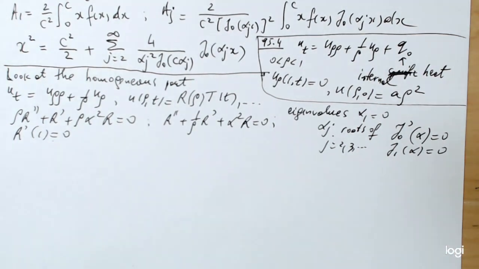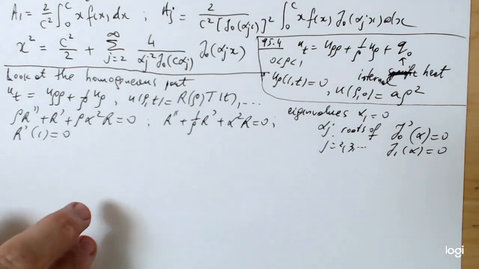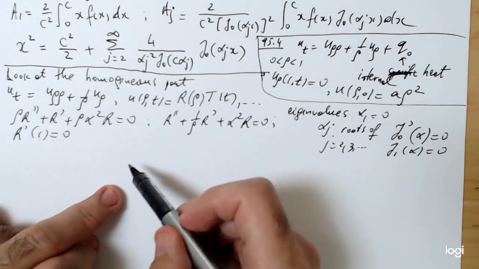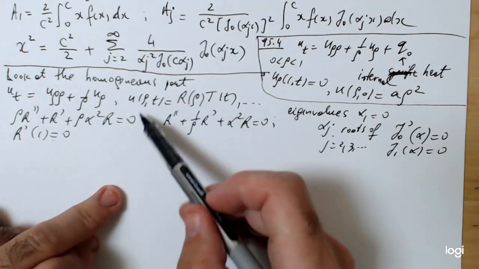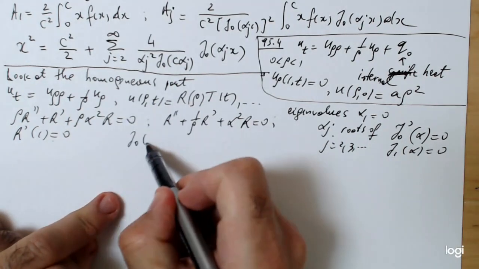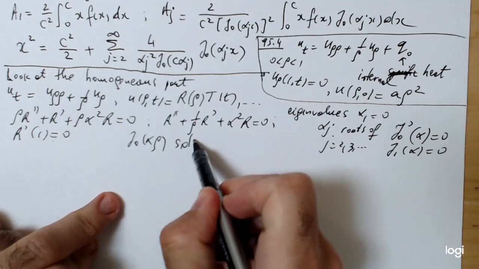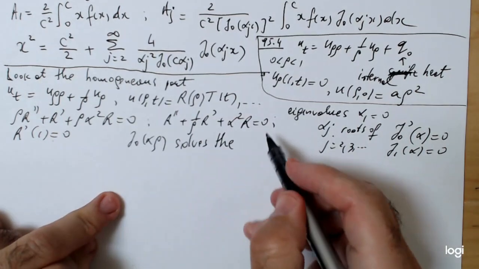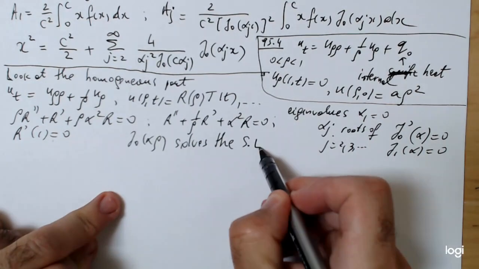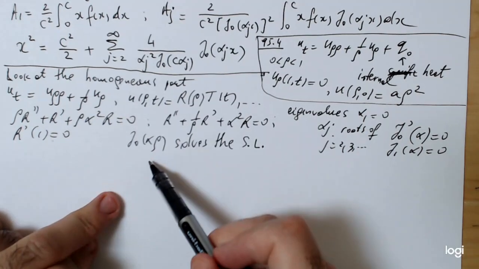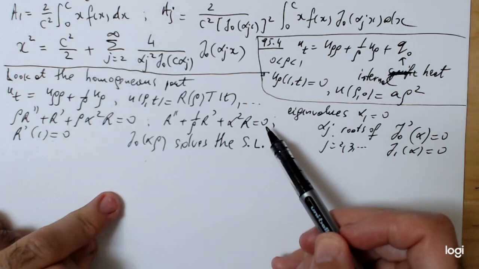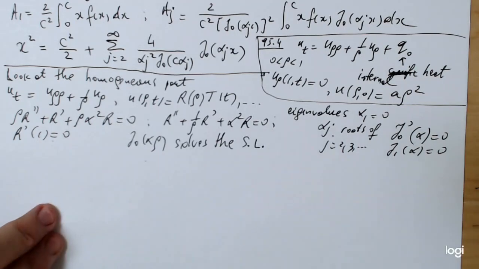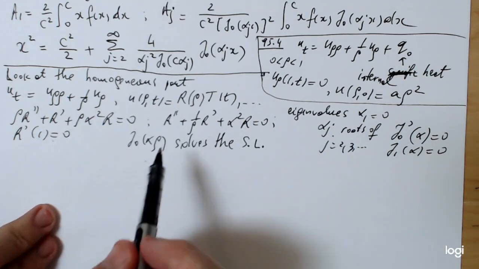Another crucial thing I want you to keep in mind: J naught of alpha rho solves the Sturm-Liouville problem. That means if I plug J naught of alpha rho into this equation, it should be equal to 0. This will be needed later, as you'll see immediately.